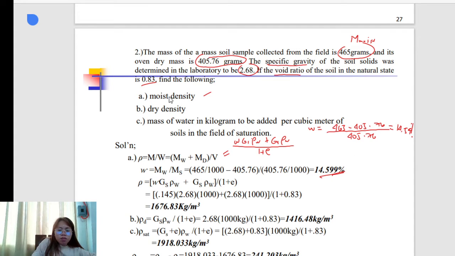So to compute the moist density, the formula is this. This is the mass of the water plus the mass of the solid.